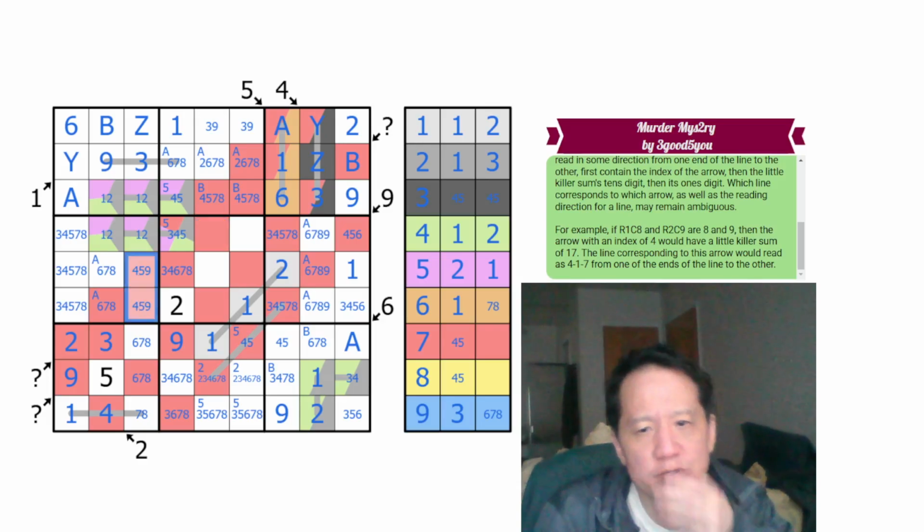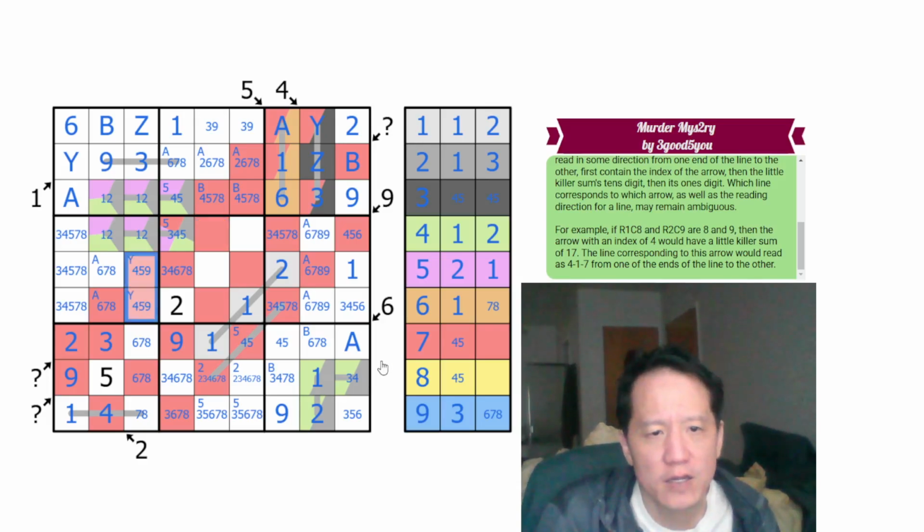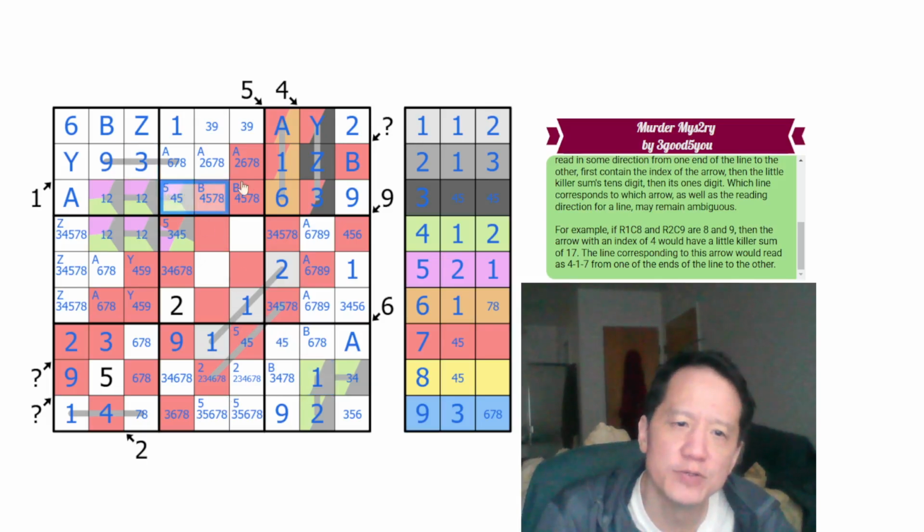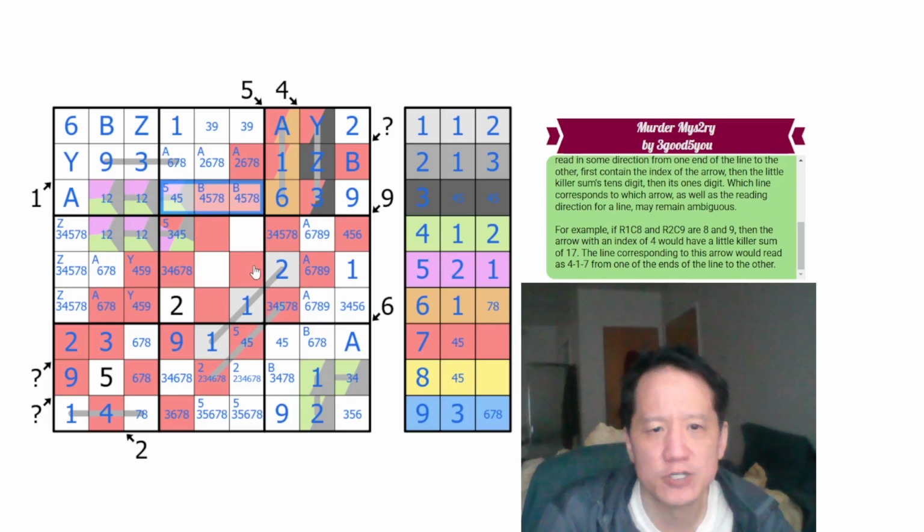So this must be then the Y, and the Z must be one of these. Both Z and Y are here. We're not sure which one's which. I'm not sure if that's useful.